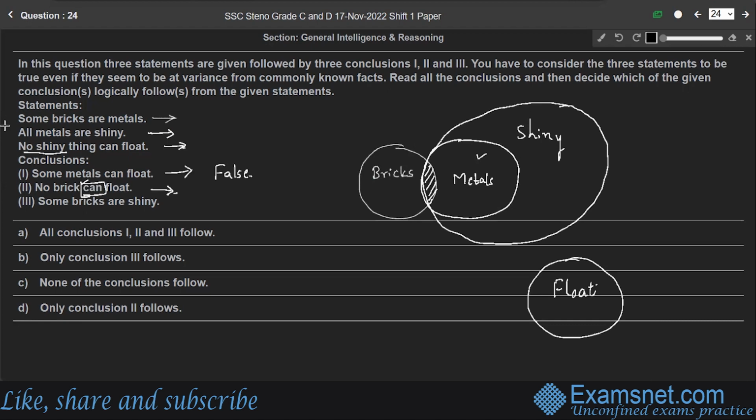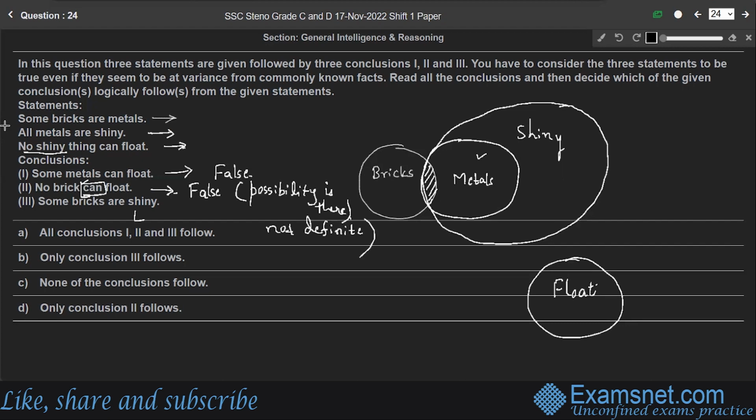Therefore, no brick can float is also false. That means there is a possibility that some bricks can float, but it is not definite. Therefore, it's a false conclusion.